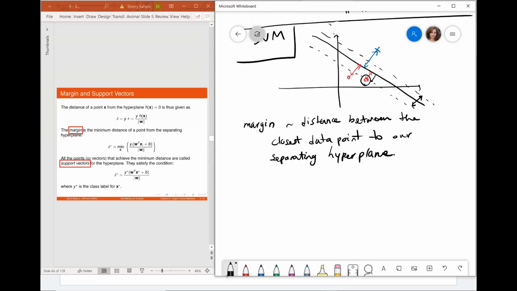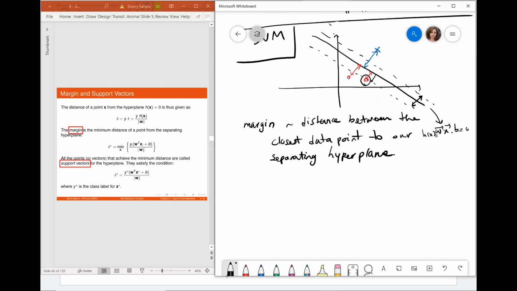So if I am given a hyperplane with a formulation, then I can calculate the distance between all of my data points and this hyperplane, and then select the minimum of those distances.